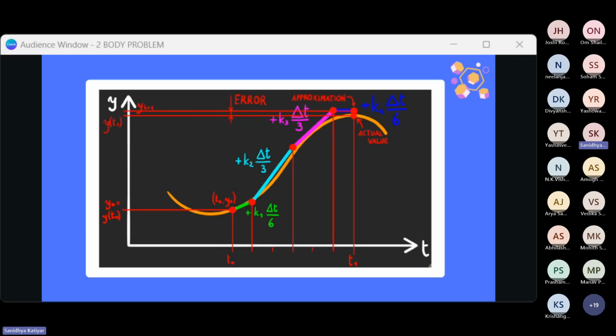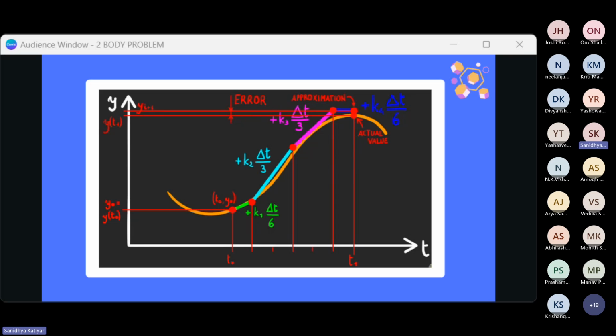RK4 requires fewer steps to achieve the same level of accuracy, reducing computational load for a given precision. So if in the Euler case we require 10,000 iterations to simulate the orbit, for RK4, as we can use much larger delta t values, we can get the same result in about 500 iterations.